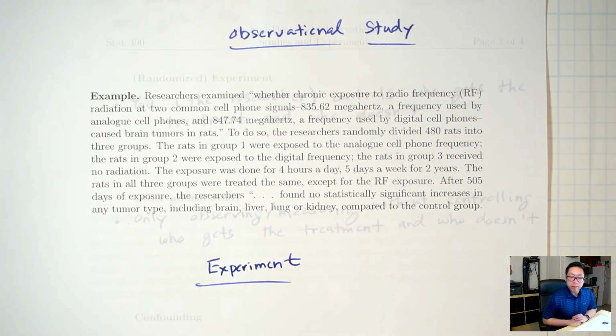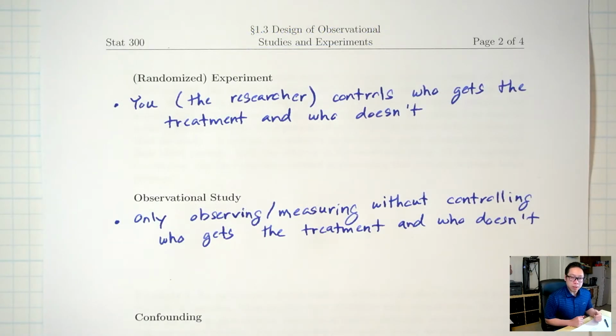So why is this important? This is important because in an experiment, because you get to decide who's in the treatment group and who's in the non-treatment group, you have an opportunity to make those 2 groups as similar as possible, with the one difference being that one group gets the treatment and one group does not get the treatment. So that's important because if you see any differences in the outcome, it can only be due to one thing, that one difference, that treatment.